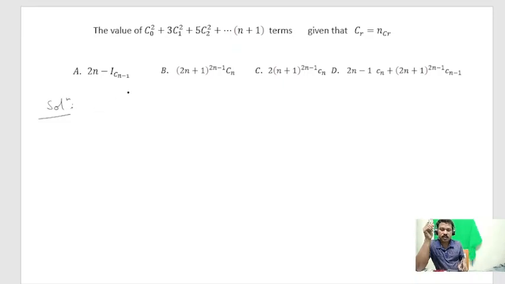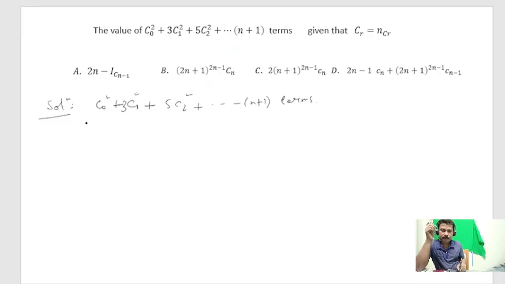You can see that we have given C0 square plus 3C1 square plus 5C2 square and so on to n plus 1 terms.